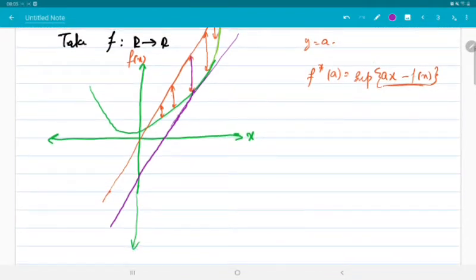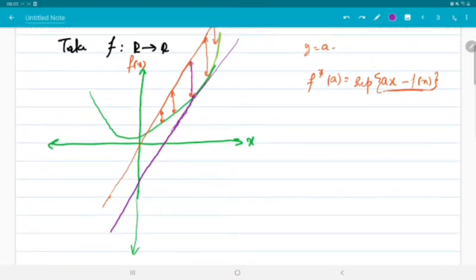So this y distance is my offset. This function takes a value of slope a, and then produces an offset depending on the function.